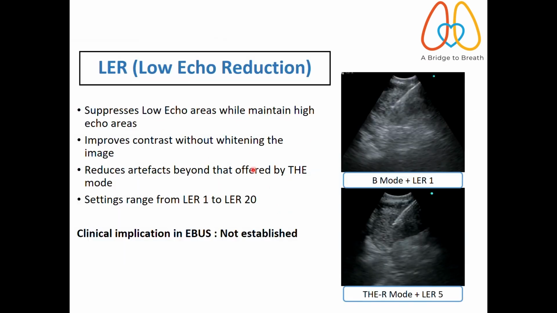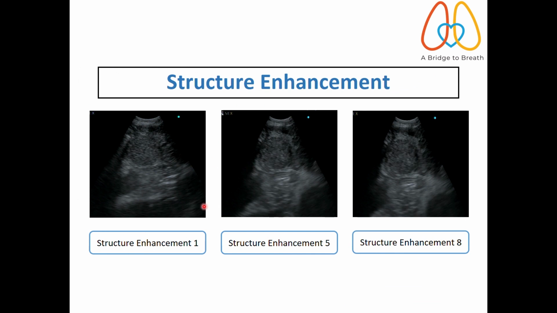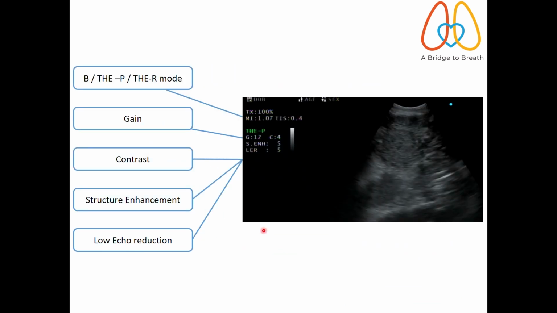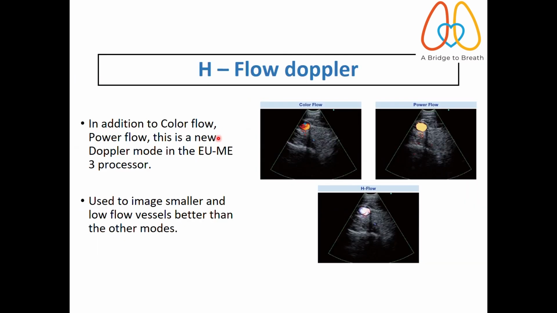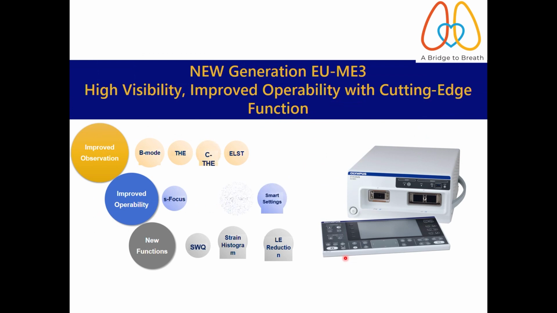I'm just skipping a slide. So you have better gain, contrast, structure enhancement, low echo reduction, and a tissue harmonic echo resolution mode. They have another one, power flow and then edge flow. So that is just a new advantage of ME3 over ME2.